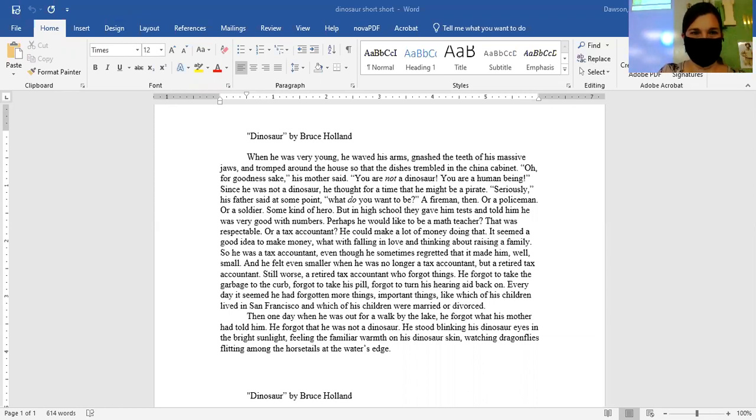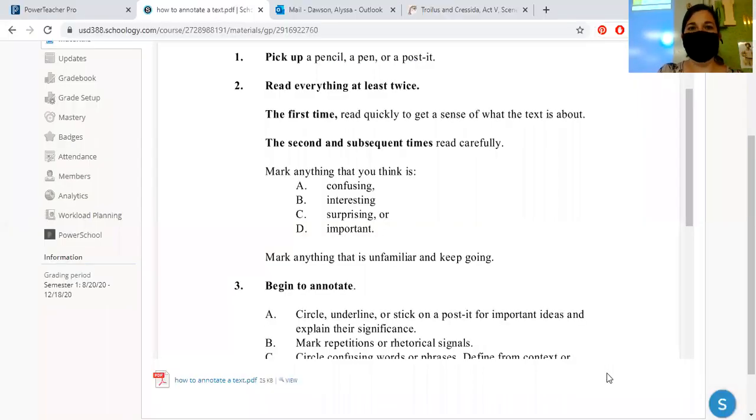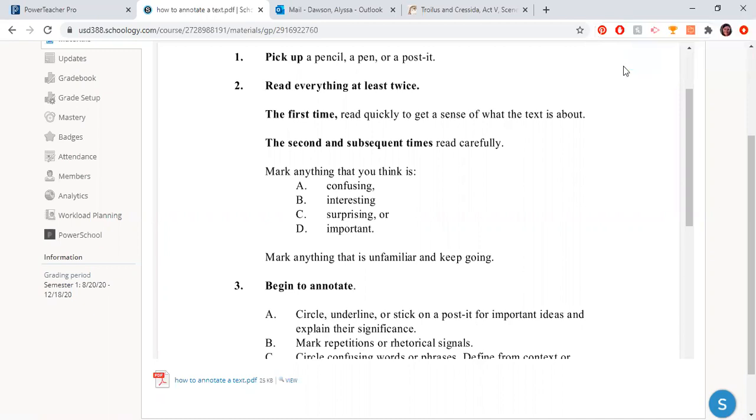Okay, new share. Okay, alrighty. So let me plug this in so you can see it. And I'll minimize myself. There you go.